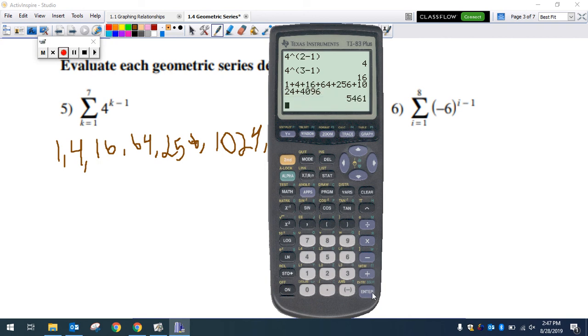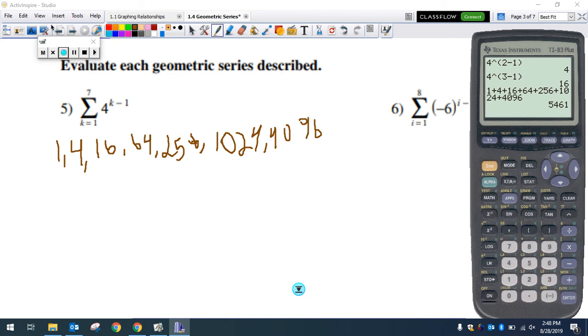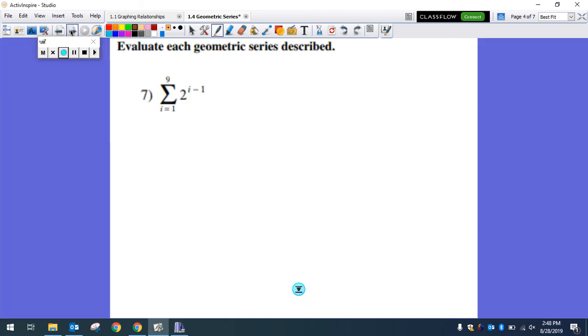So that summation is 5,461. Again, I would not do it this way. Your calculator will do it for you. This one won't because it's an old version, but the ones you're using will. So call me over when you get to this part. I'm not going to do number 6 or 7 because your calculator will do it for you, and I'll just show you how when I get there.